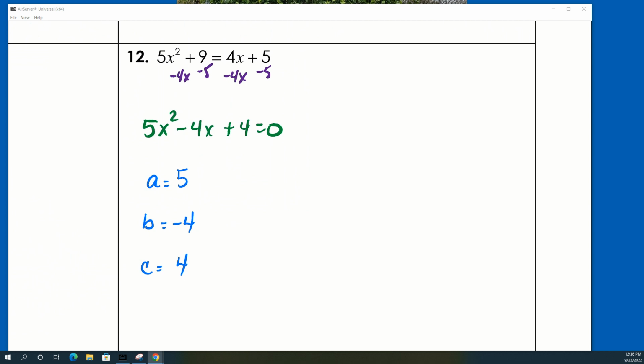All right, then we can figure out A, B, and C. Now this time the 5 was a positive, so we don't have to worry about changing the signs. We just leave it exactly like it is.